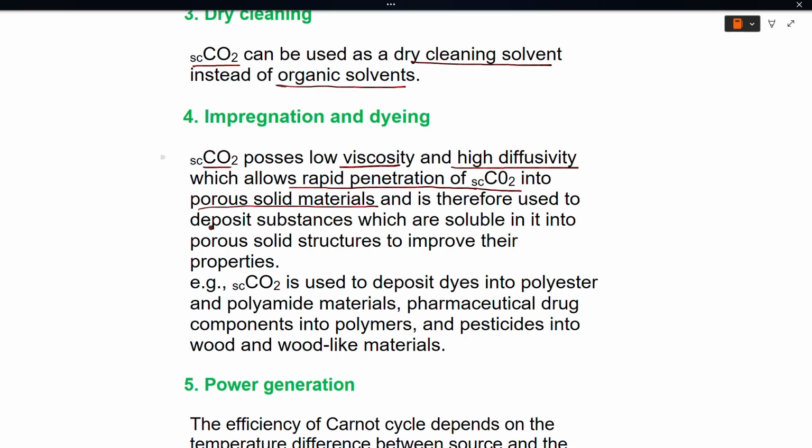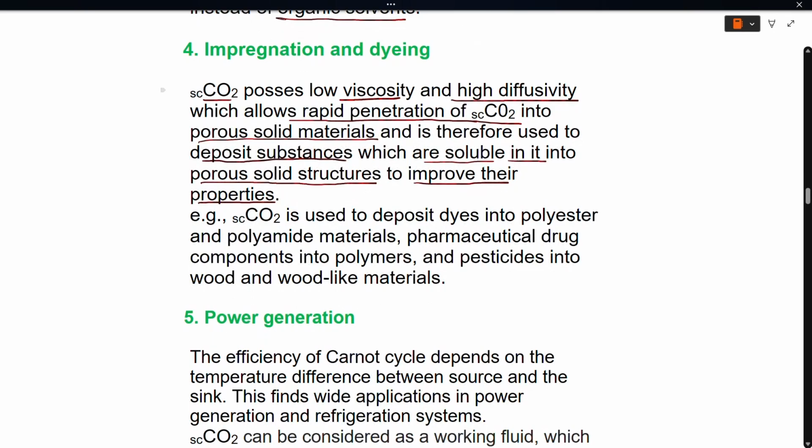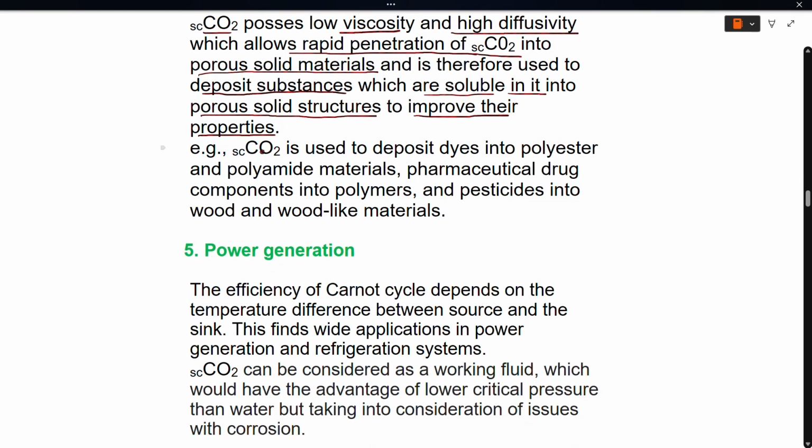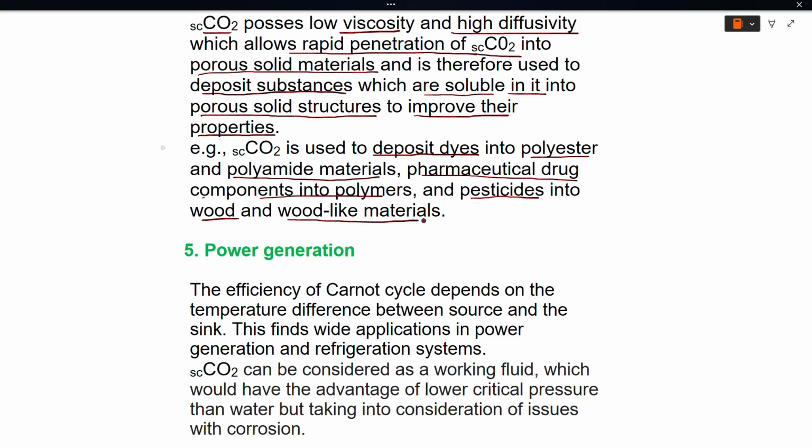It is used to deposit substances which are soluble in it into porous solid structures to improve their properties. Now, an example is that supercritical carbon dioxide is used to deposit dyes onto polyester or polyamide materials, pharmaceutical drug components into some polymers, and pesticides into wood and wood-like materials.